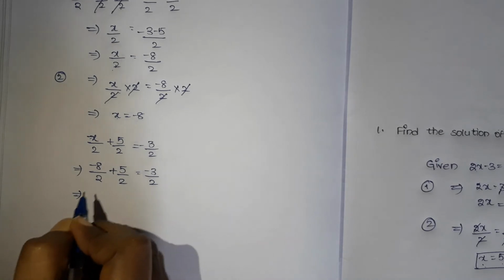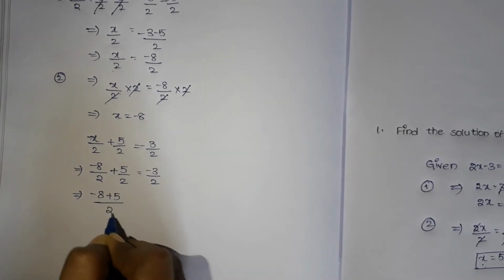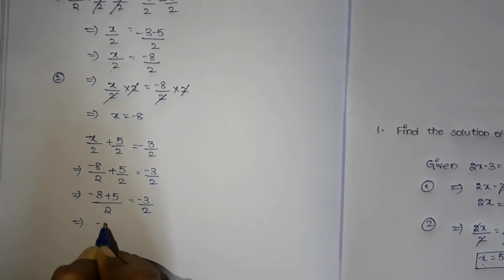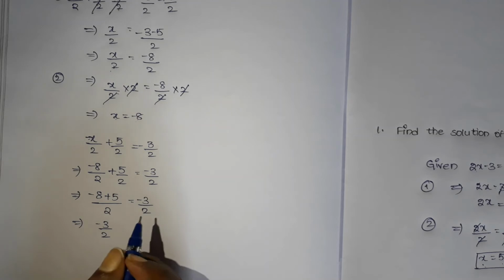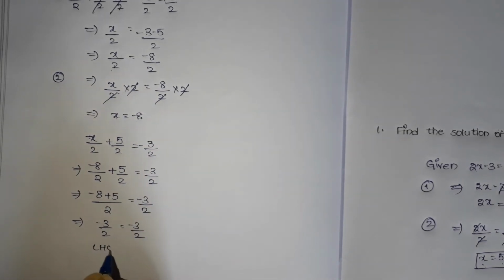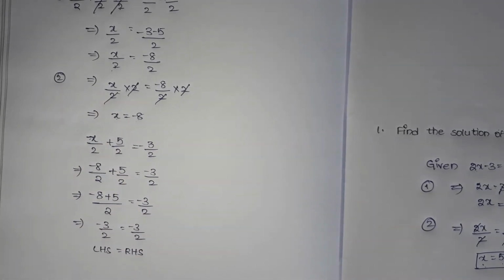Now minus 8 plus 5 by 2 equals minus 3 by 2. That is minus 3 by 2 equals minus 3 by 2. That is LHS equals RHS. And now the solution is proved, and x equals minus 8 is the solution for the given equation.